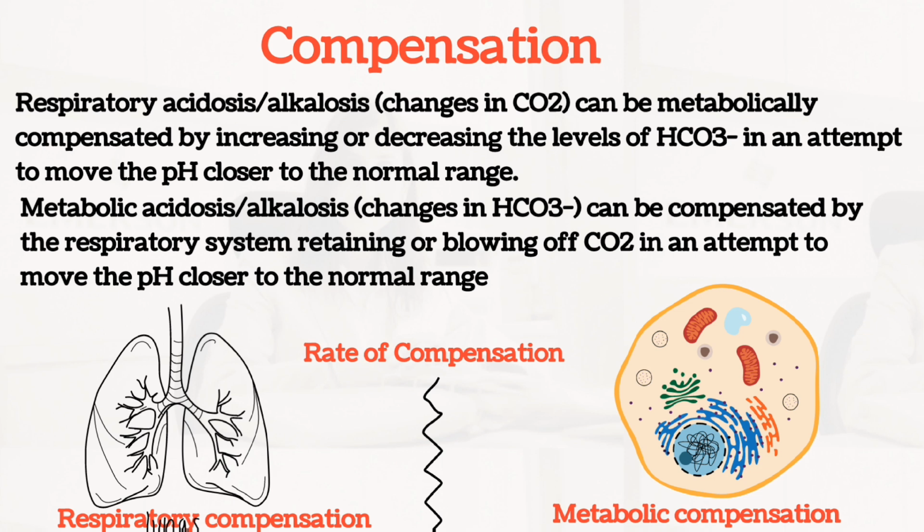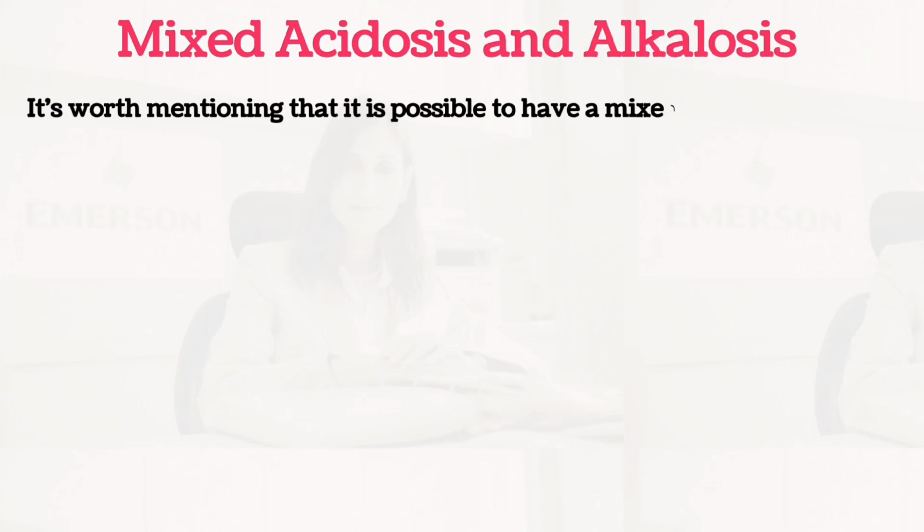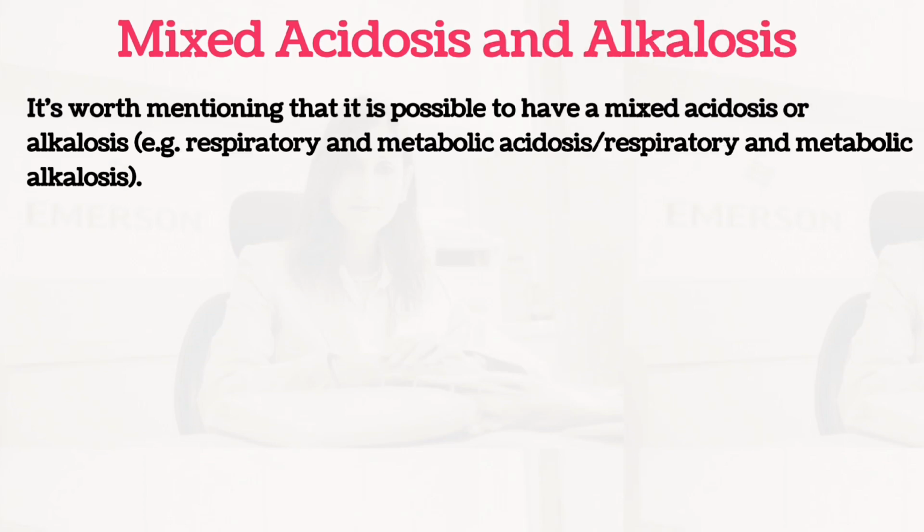It's important to note that overcompensation should never occur and, therefore, if you see something that resembles this, you should consider other pathologies driving the change, e.g. a mixed acid-base disorder. It's worth mentioning that it is possible to have a mixed acidosis or alkalosis, e.g. respiratory and metabolic acidosis, respiratory and metabolic alkalosis.